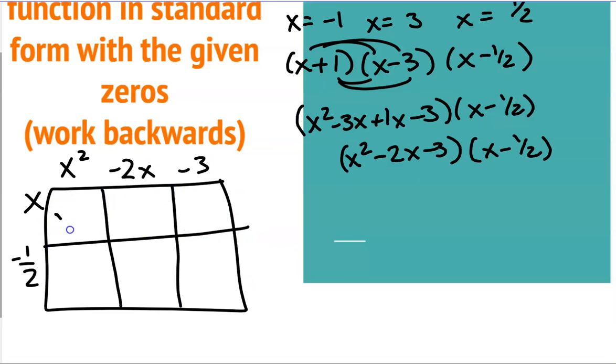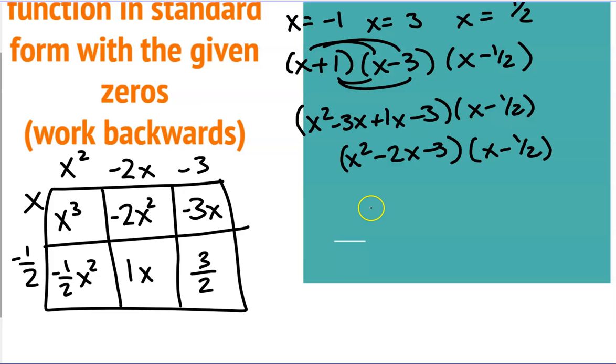Multiply. Here we're going to get x cubed, then negative 2x squared, then minus 3x. Down here, I'm going to have negative 1/2 x squared. Negative 2 times negative 1/2 is actually a positive 1, so that leaves me with just 1x. And then here, negative 1/2 times negative 3 is going to give me a positive 3 over 2.